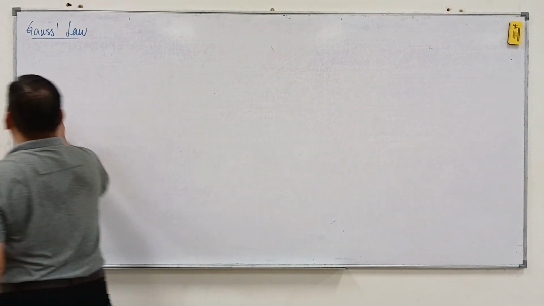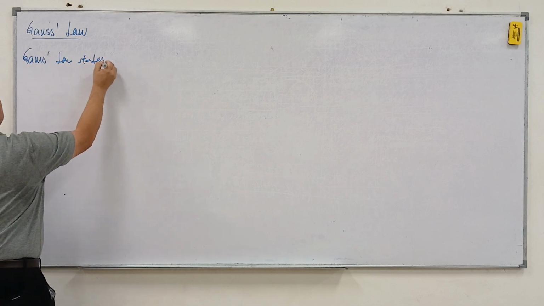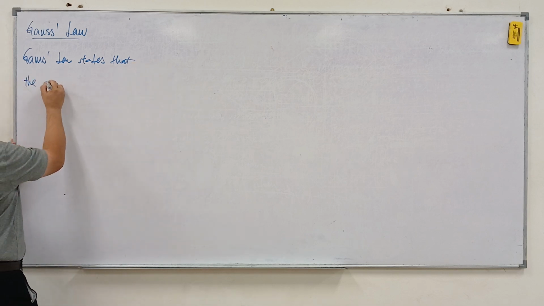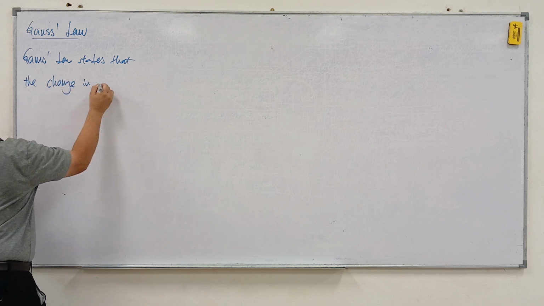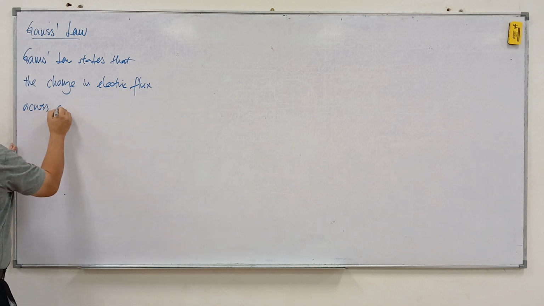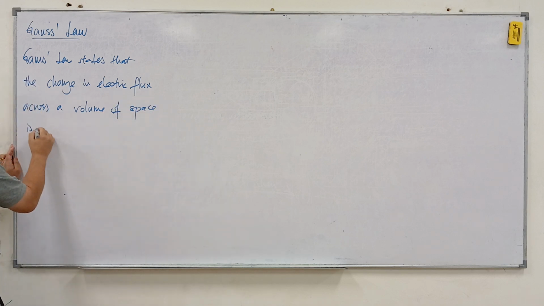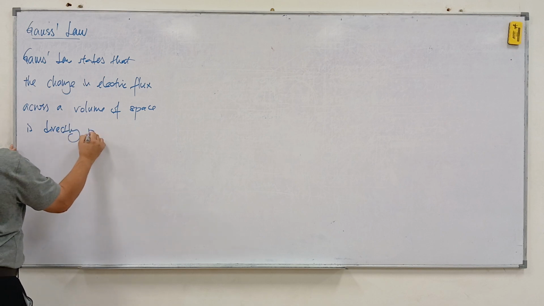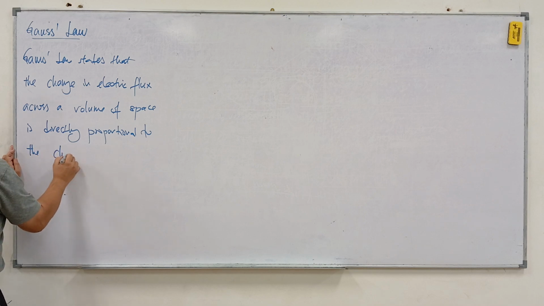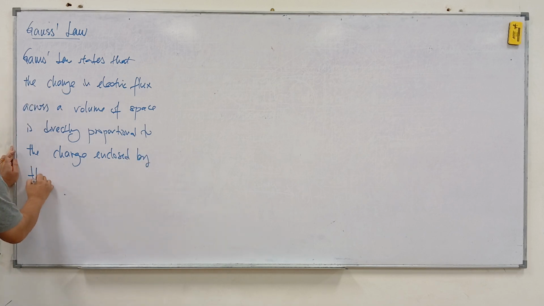So Gauss' law states that the change in electric flux across a volume of space is directly proportional to the charge enclosed by that volume.